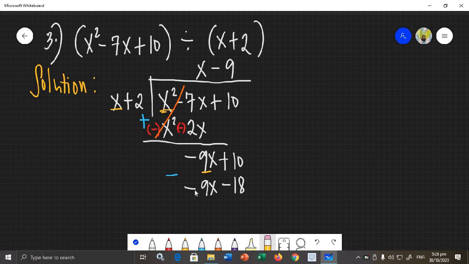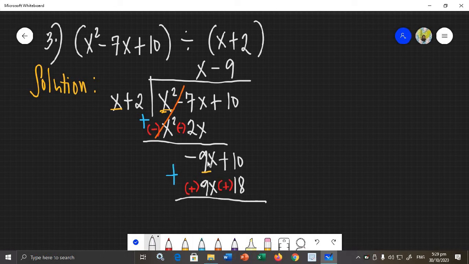But then we will be applying the rules in subtracting, no? So negative 9x will become positive 9x. And negative 18 will become positive 18. Okay, tama ba? So negative 9x, negative 18, lagi silang positive 9x, positive 18, and then the operation will become addition.